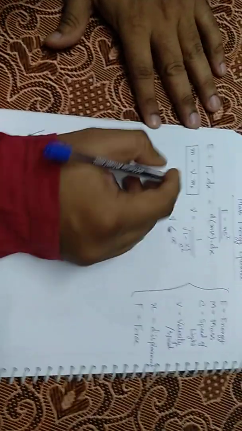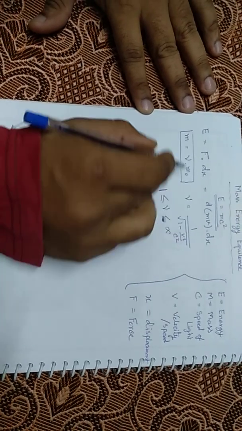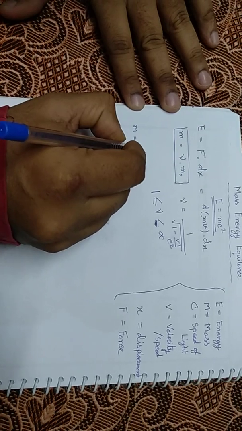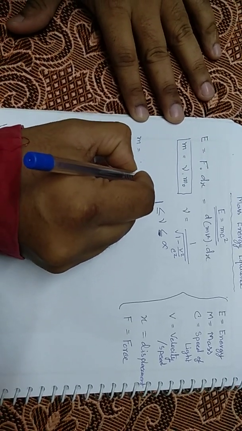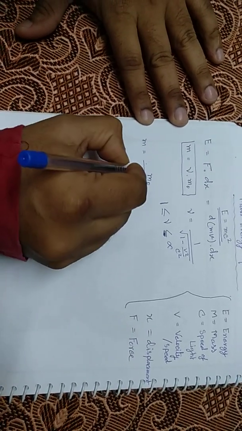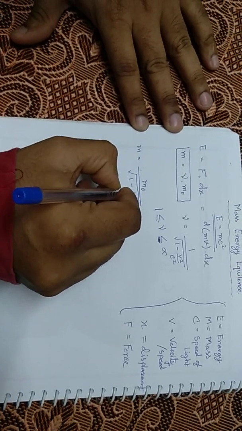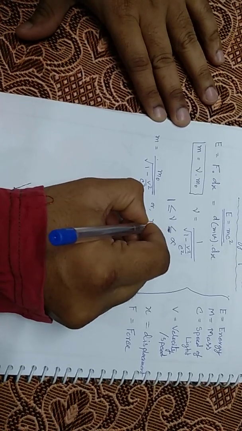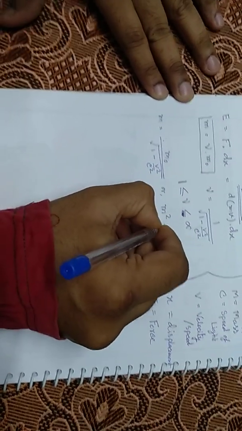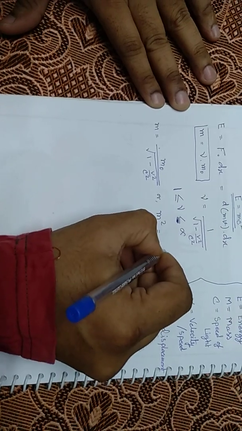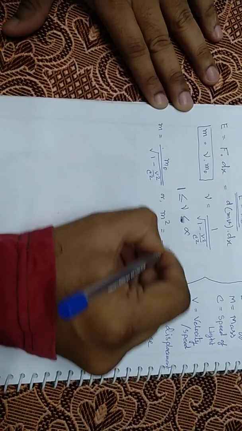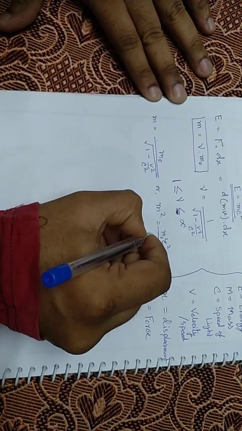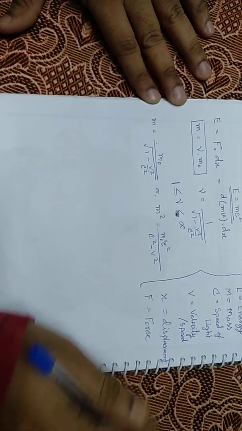Now if I put the value of gamma in this equation, we have m is equal to m0 by root over 1 minus v square upon c square. If I square both the terms, we have m square is equal to c square m0 square upon c square minus v square.